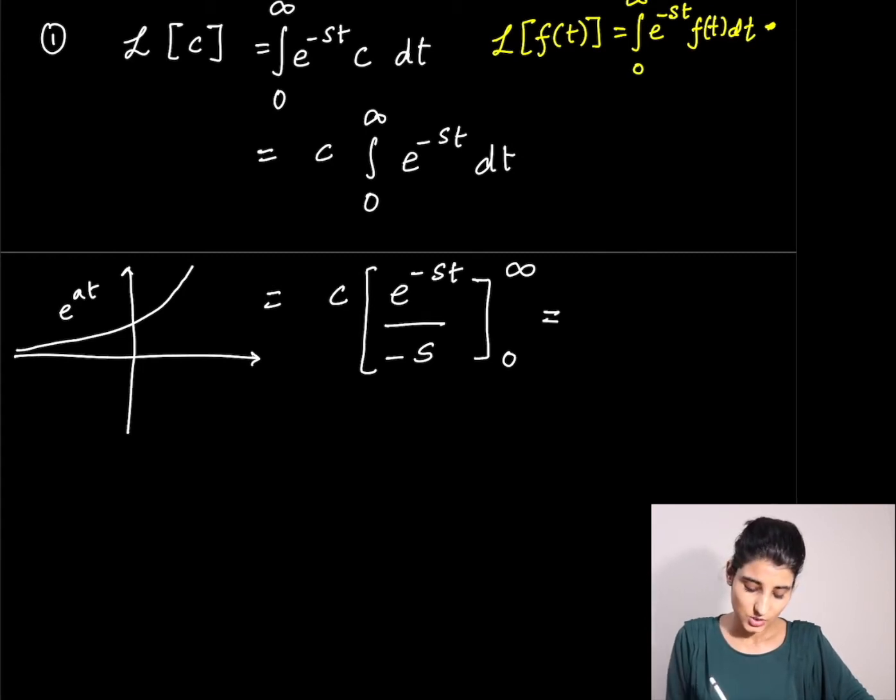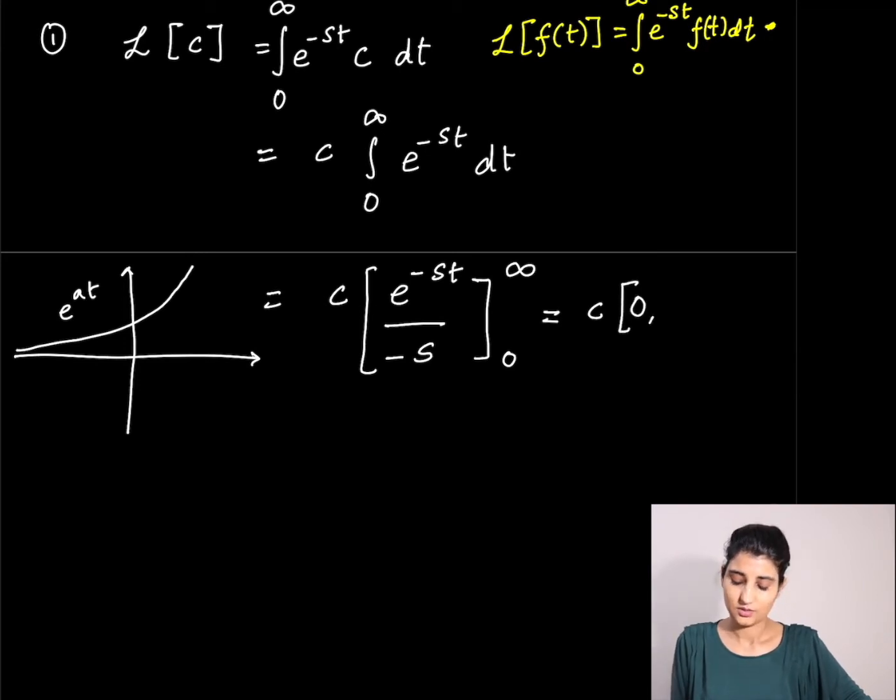This function is going towards 0, so it is decreasing and decreasing, and you will get 0. Then minus, you substitute the lower limit, which is 0.